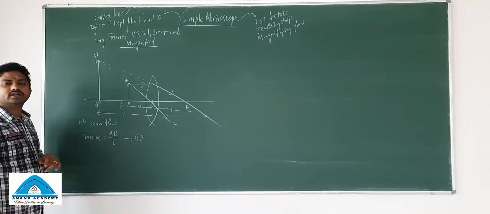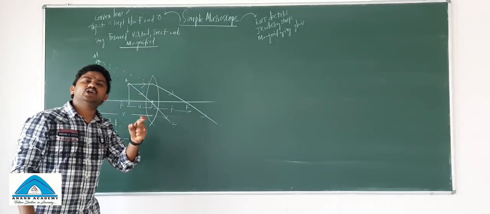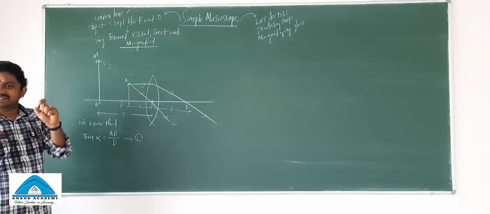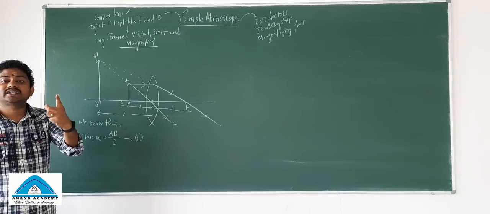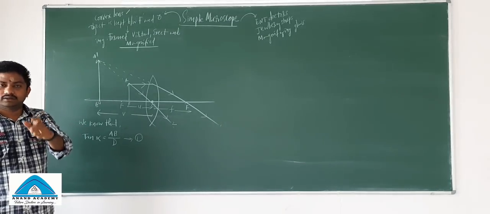So what is alpha here? Angle made by the object on the lens when the object is kept at D, when we are looking at it with our naked eye.